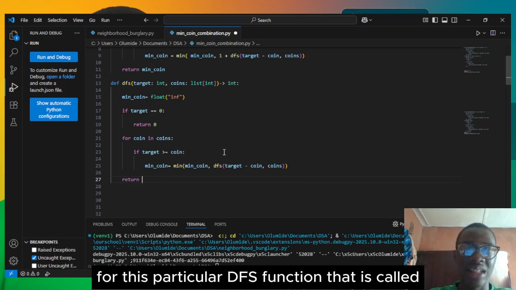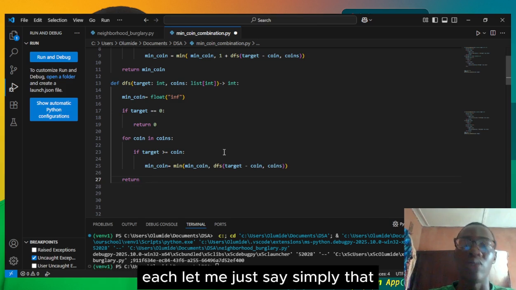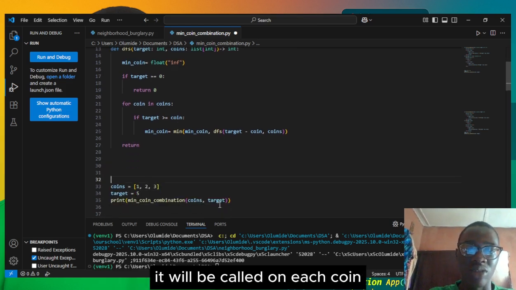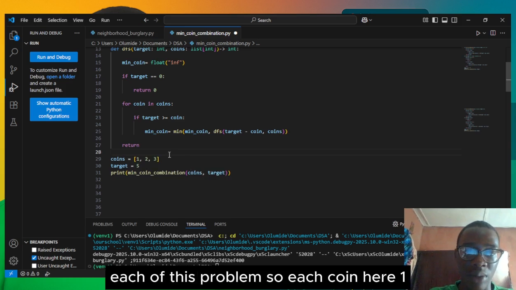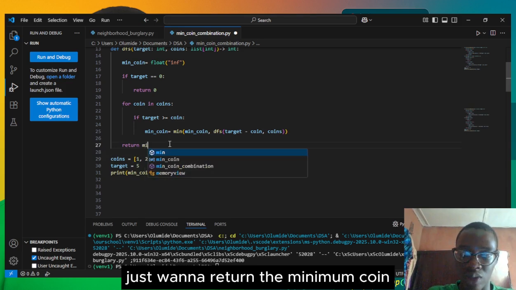For this particular DFS function, it will be called on each coin, each of the sub problems. So each coin here, 1, 2 and 3.